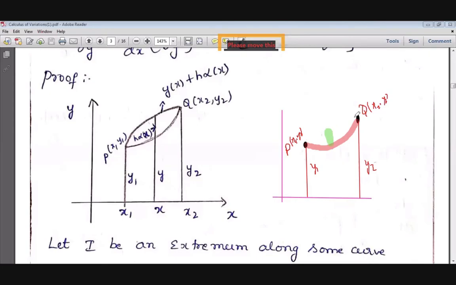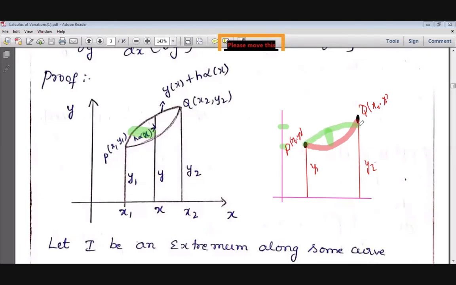Now, to get this length, if this is y of x, and to get this, what we have to do? y of x plus how much you took, correct? I took this as h alpha of x.